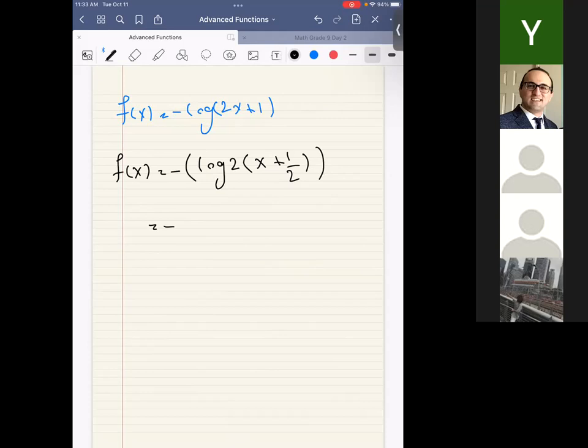Now we use the multiplicative property of log. Log of 2 times something is just log of 2 plus log of that thing, which is x plus 1/2.